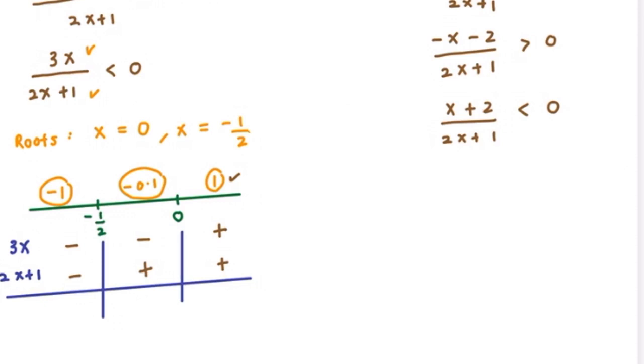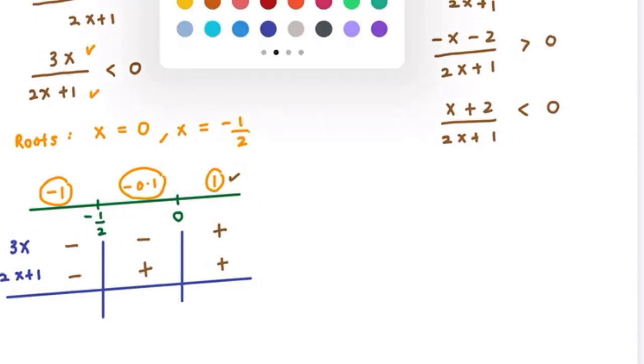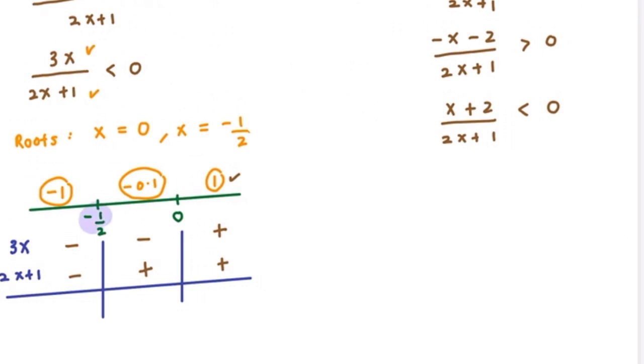The shortcut method is, let's say for the root negative 1 over 2. Negative 1 over 2, the root comes from this factored form. Remember? Negative half is the root for 2x plus 1. Okay.